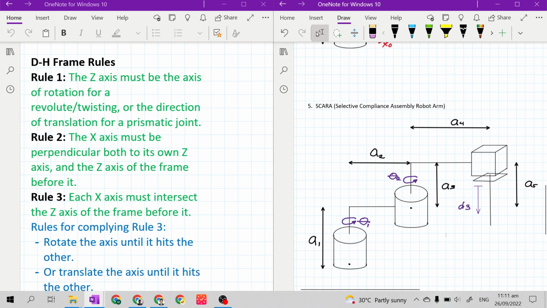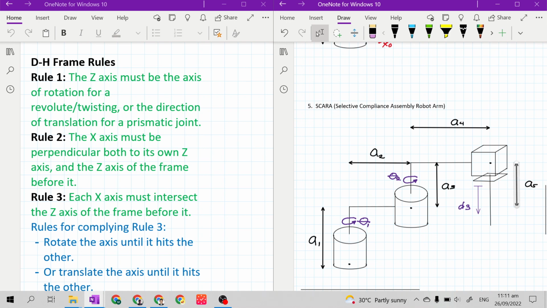For the prismatic joint, the center of our frame is here. This is also the center of translation, the extension of link A4, then the connection of it at link A5.